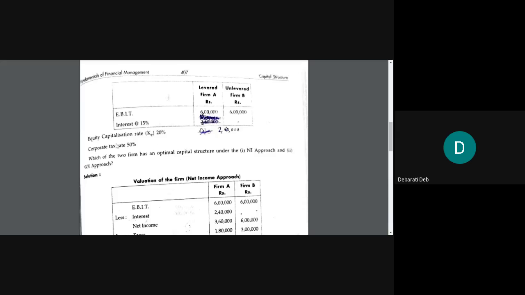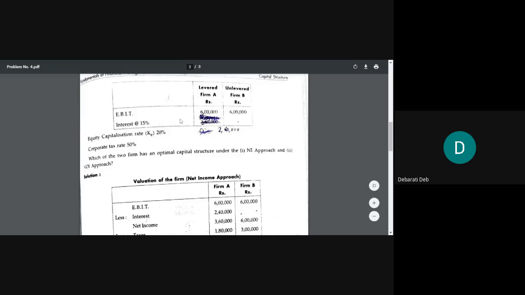So we can calculate the value of the debt. Interest is at the rate of 15% and the amount is 2,40,000. Then other information given is the equity capitalization rate, that is KE, which is 20%. Then we have a corporate tax rate of 50%.